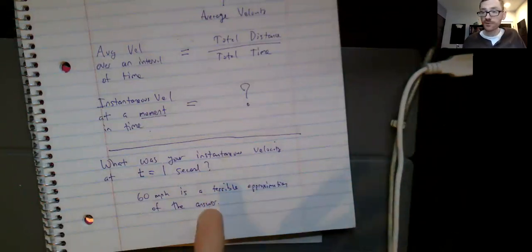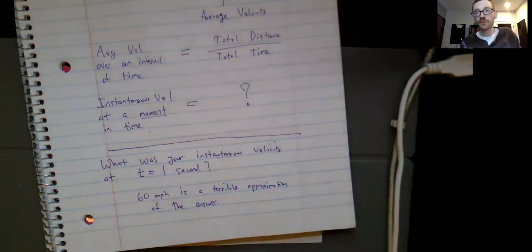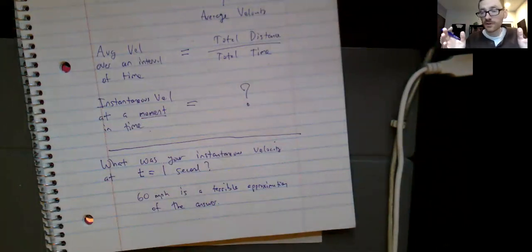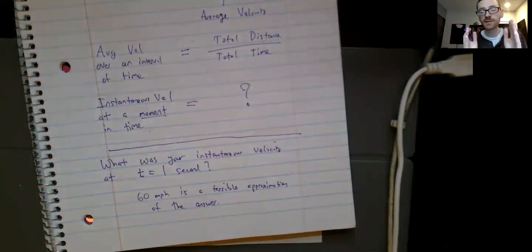Whereas when you first start your trip, you're going very slow. Okay, so that's why the 60 miles per hour is so off. It's because it's an average velocity, which is being computed over the entire duration of the trip. And that entire trip includes lots of time where you were on a highway. That's why the 60 miles per hour figure is so wrong.